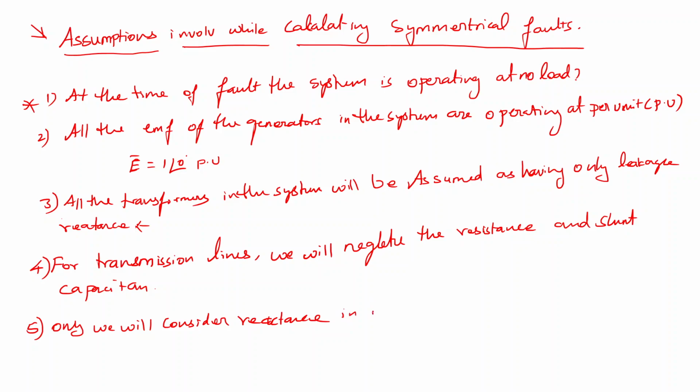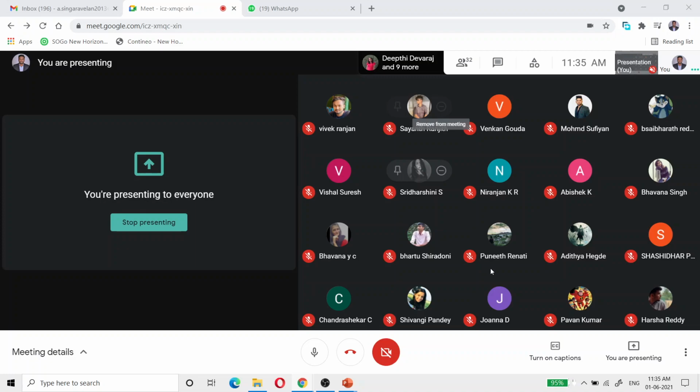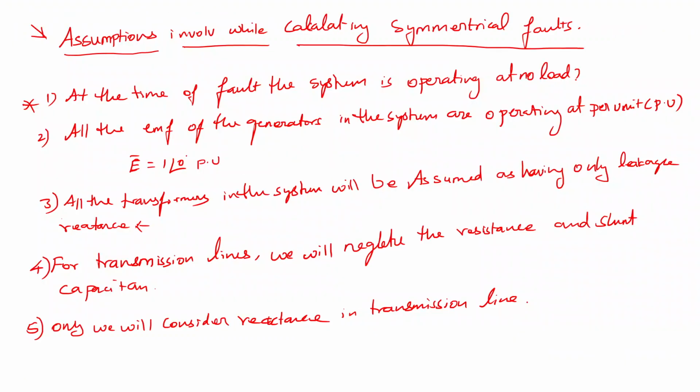So these are all the assumptions we usually take while calculating a symmetrical fault on a power system.